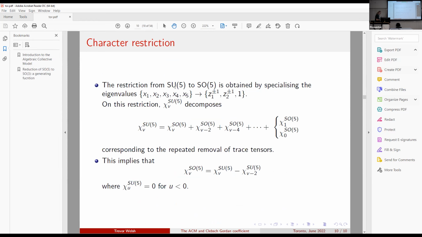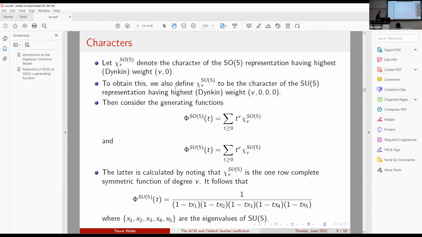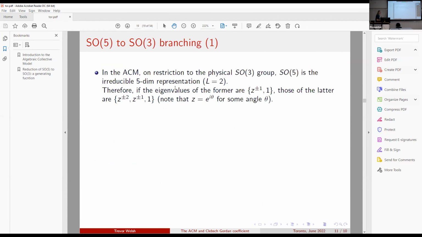But this means that you end up with a 1 minus t squared in the numerator, that t squared corresponding to the v decreasing by 2 at each stage. And it partially cancels with a 1 minus t in the denominator. So you end up with 1 plus t in the numerator and a product of 4 terms in the denominator.